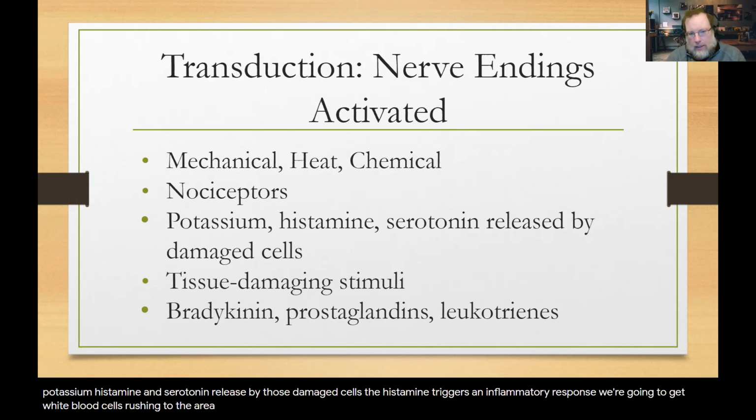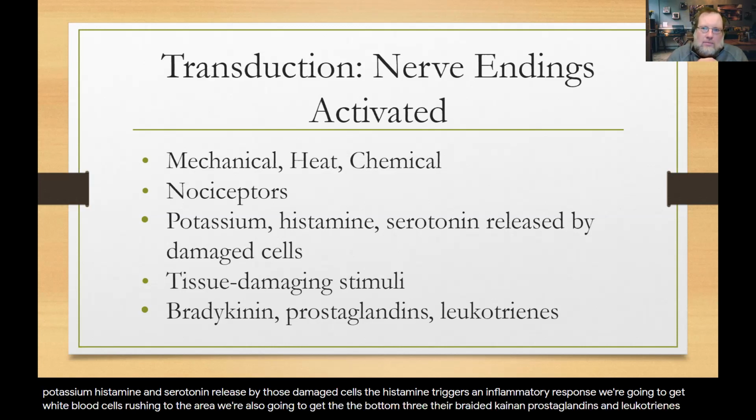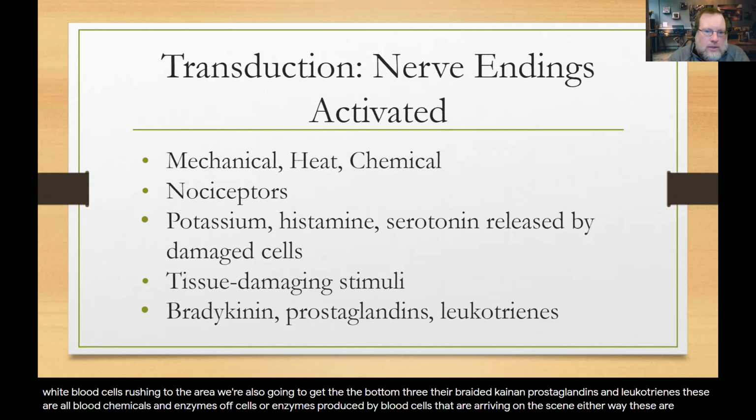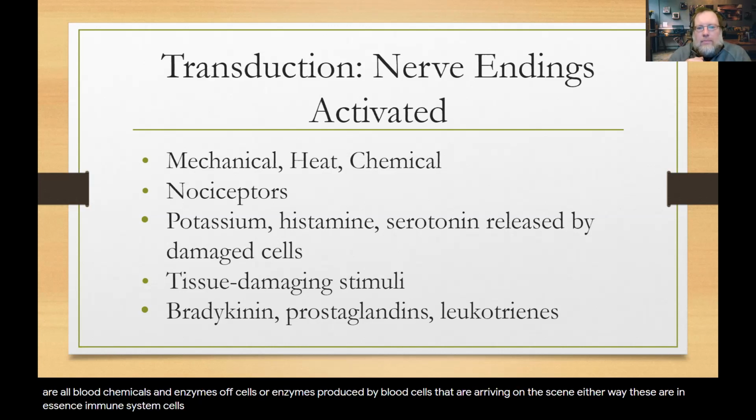We're also going to get the bottom three there: bradykinin, prostaglandins, leukotrienes. These are all blood chemicals and enzymes, oftentimes produced by localized cells or enzymes produced by blood cells that are arriving on the scene. Either way, these are in essence immune system cells.